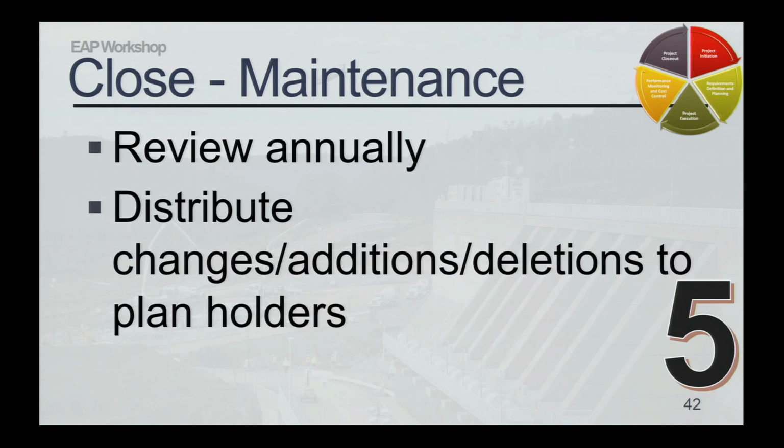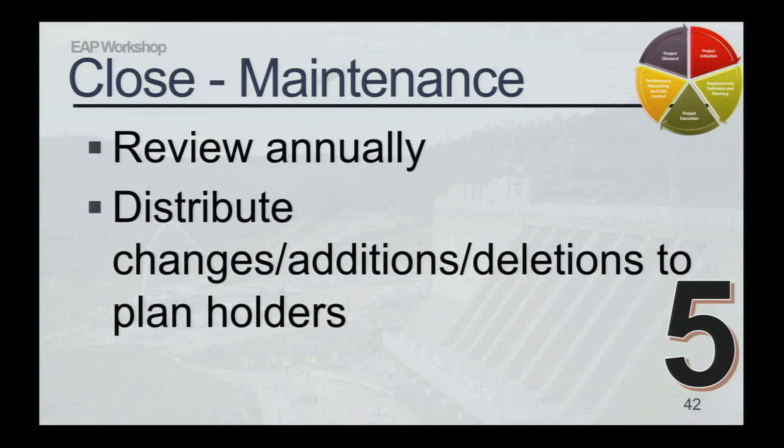FEMA P64, again, gives you great guidance on how to do that. They have Appendix I, which has an example record of plan holders and an example record of reviews and revisions. Because an old or outdated EAP is pretty much worthless. So we need to keep it exercised and maintained.